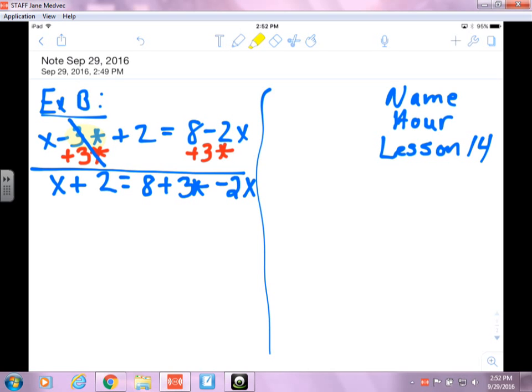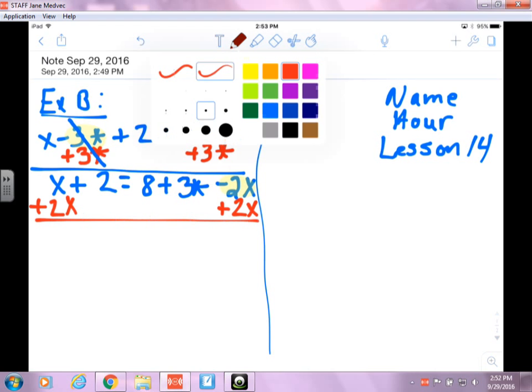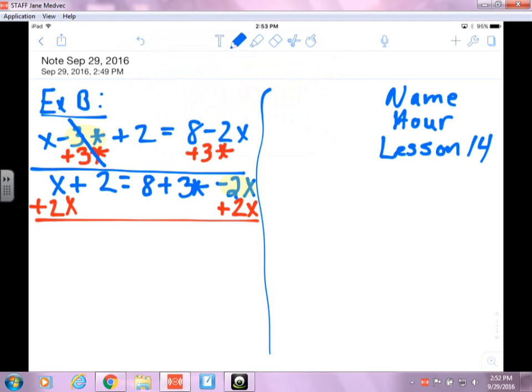Now, on the other side, do you see I have a minus 2x? Do I have 2x to take that from? No. So I'm going to add 2x to each side, and by doing that I am canceling that out, like I'm undoing it.